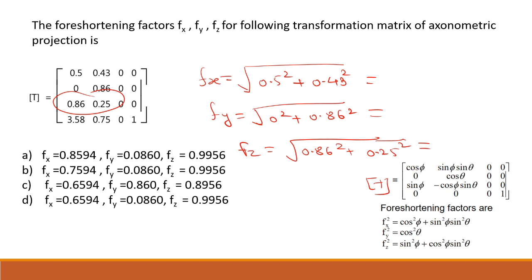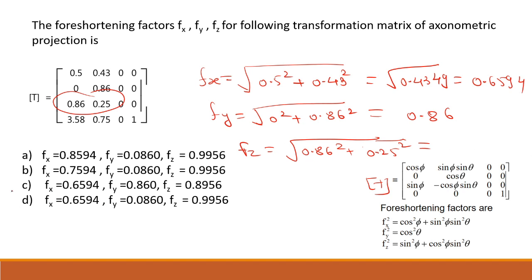Just use your calculator. 0.5 square plus 0.43 square is 0.4349, and its square root is 0.6594. So this gives us fx. In the same way, fy is 0.86.